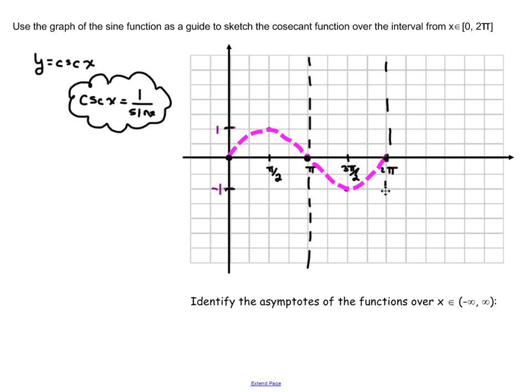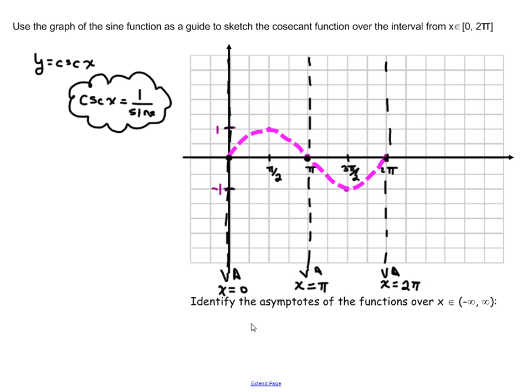That means 2 pi, pi, and even 0 are the locations of some of our vertical asymptotes. Here are my 3 vertical asymptotes at x equals 0, x equals pi, x equals 2 pi.